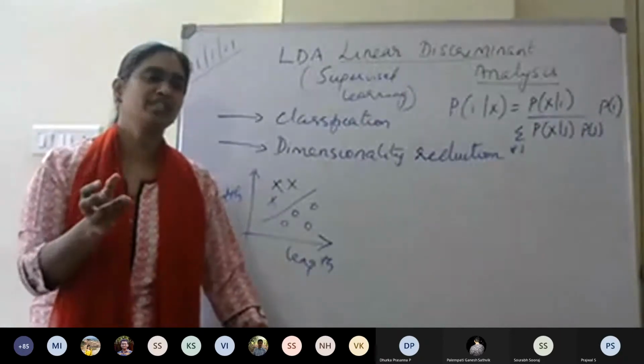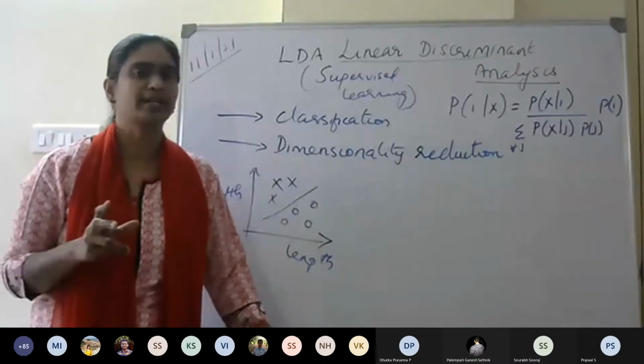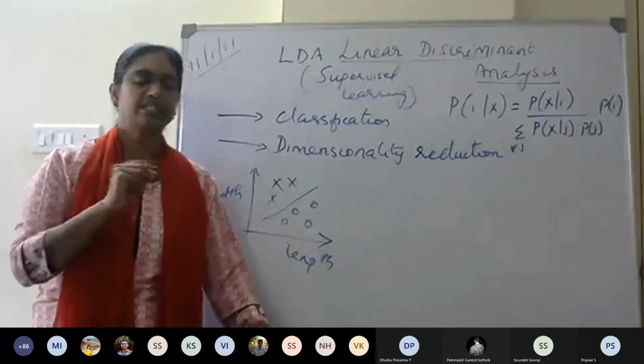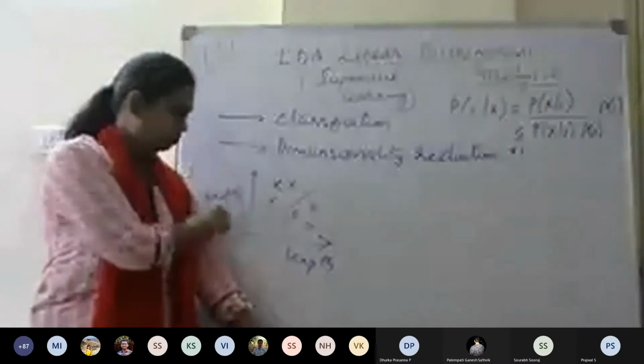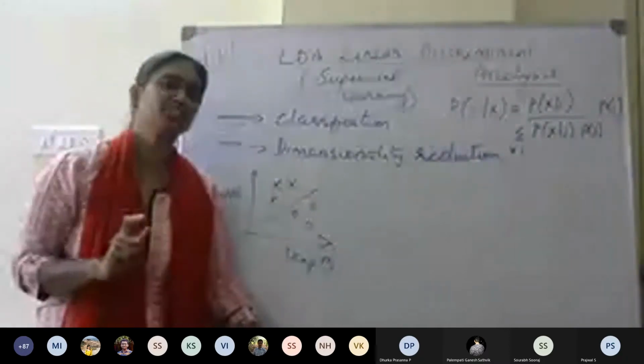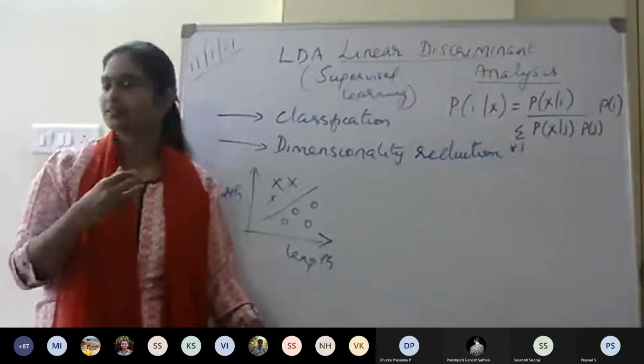So color differentiates, and also the texture. If you take two categories of fish, say salmon and sea bass, then based on their length and width, we can differentiate them.